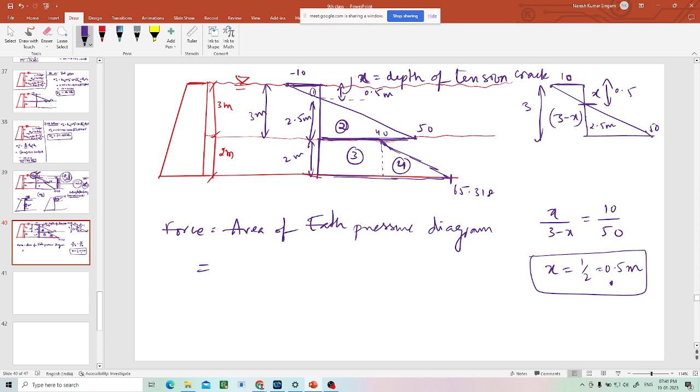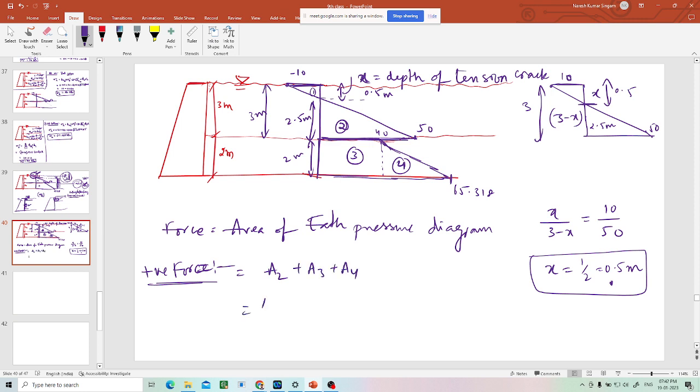And another method also I will tell you how to calculate. But now you can tell me, first I'll ask you the positive force, then the negative force. For positive force, force is nothing but the area of the diagrams: area 2 plus area 3 plus area 4.